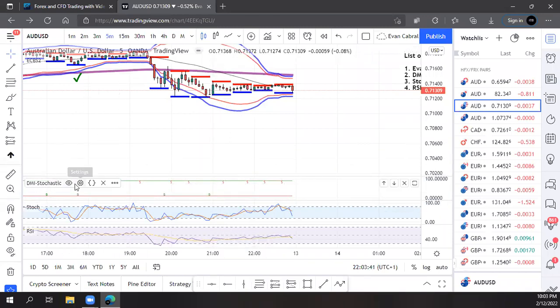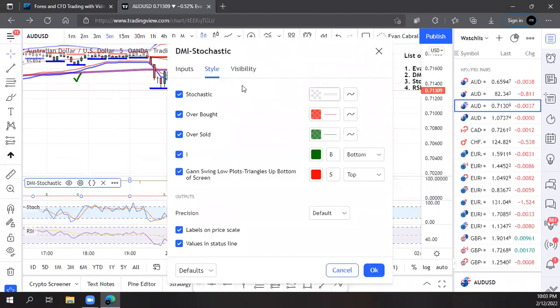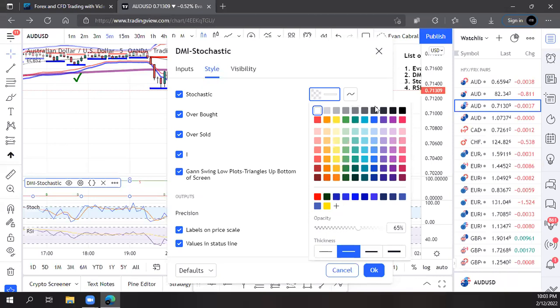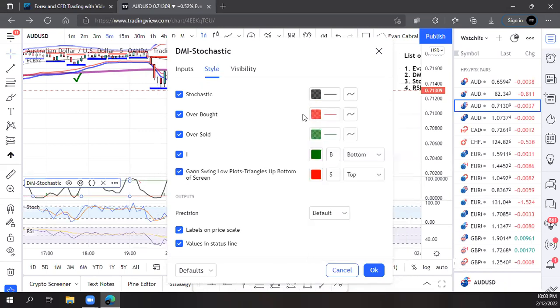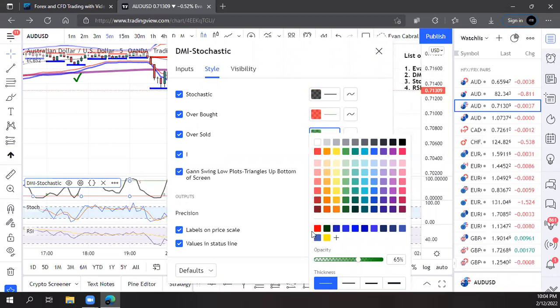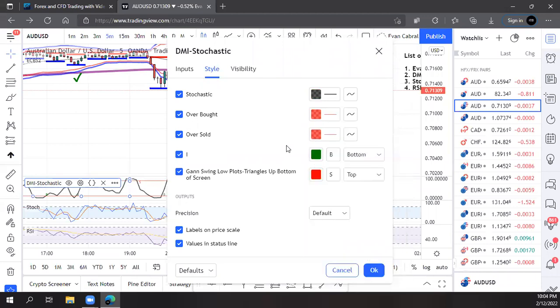So what I want to do is make the stochastic line black, because I need to see the cross down. I need to see everything happening in the market. For the overbought zone, and the oversold, let me see which is which.